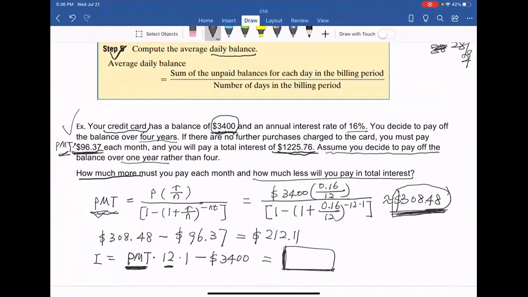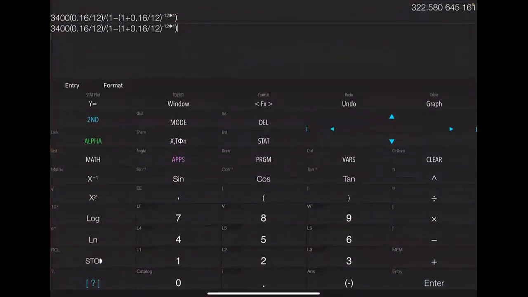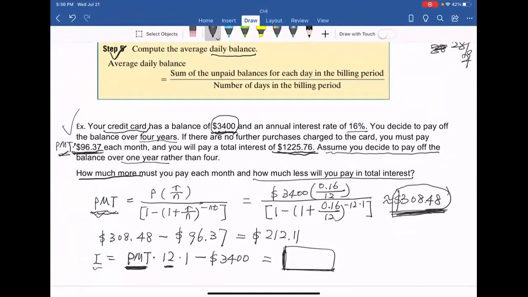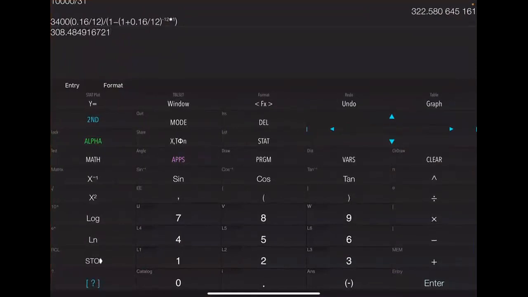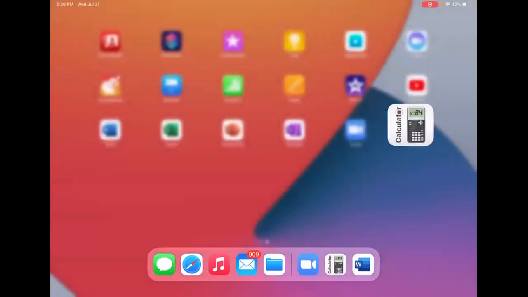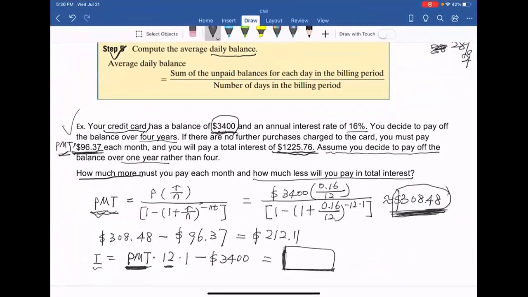So I try to not round it to the 2 decimals. I just use the full number, clear it, and then do the computation, and MyLab Math told me that's the correct answer. So when you find the interest, for the PMT, you try to use this amount of money, not the money we rounded.